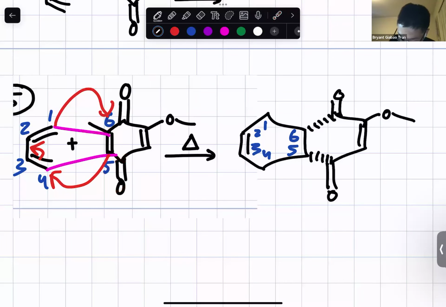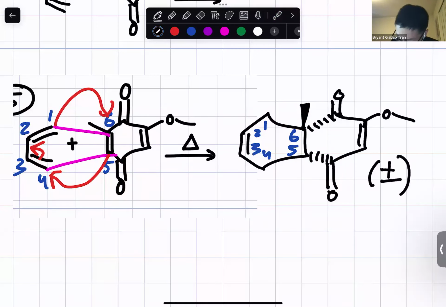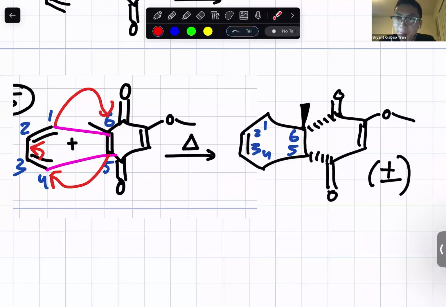So we have to make that methyl group trans to this EWG right there. Since this EWG was a dash, this methyl group would have to be a wedge because they are trans to each other. And we could do the plus enantiomer as well because it could be flipped. Right. Does that make sense?